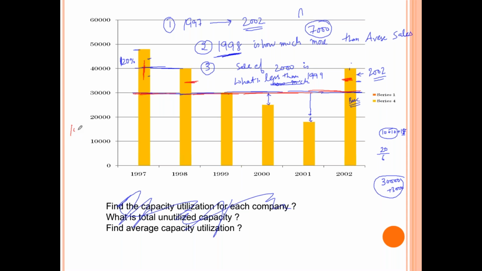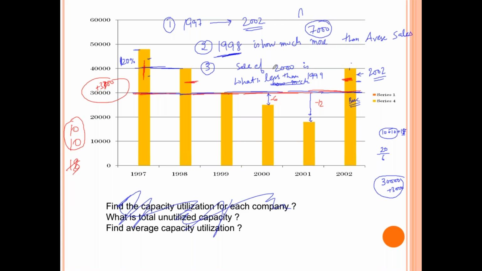So I have 10 plus 10 plus 18 extra more than average. Here I have 5 minus, here I have 12 minus. So 18 goes out. I am left with 10,000, 20,000. This 20,000 will be divided among 6 to get the average. So my average will become 30,000 plus 3,000, so it will be 33,000 approximately, right?